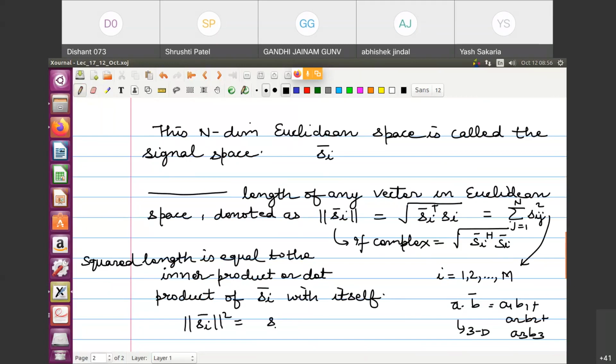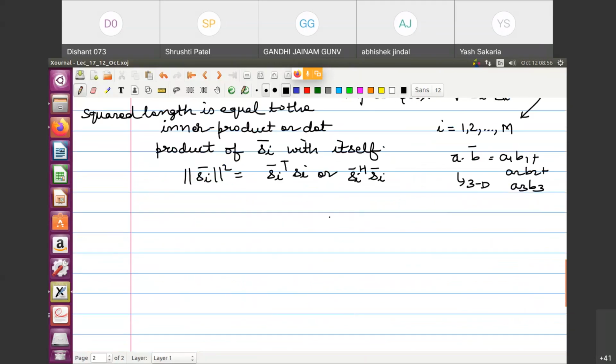This is equal to summation Si squared, or Si times Si conjugate if it is complex. So I think with this we have defined the notion of the squared length or length of the signal vector in the signal space.